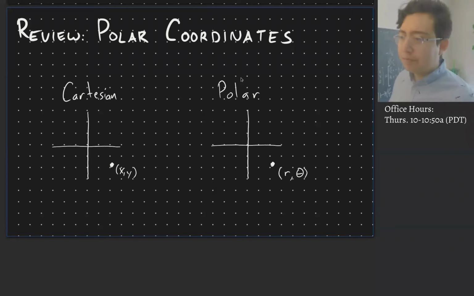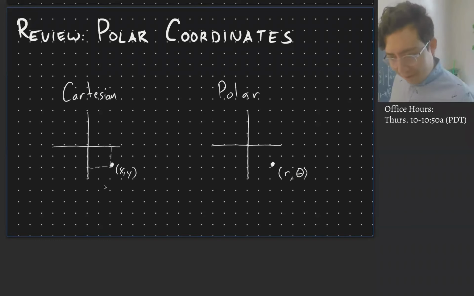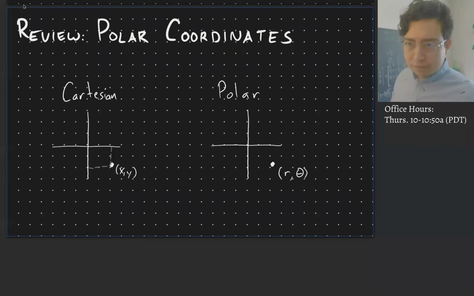If I'm picturing a square here, this distance here is x and this distance here is y, and that's where this x comma y is coming from, okay?